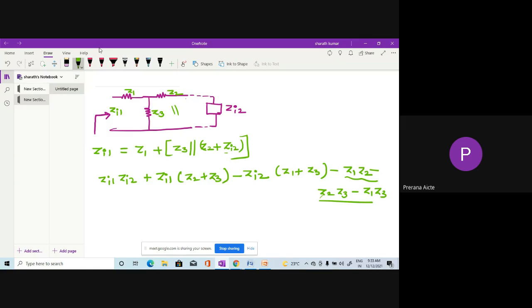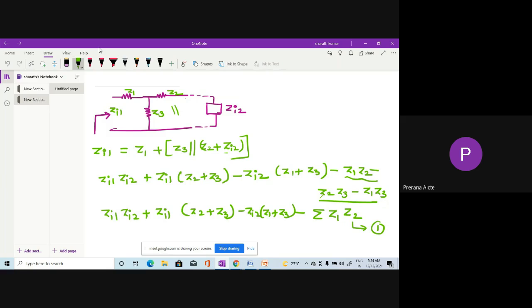All this together we can write as minus the summation of Z1 Z2. So this is equation number 1: Zi1 Zi2 plus Zi1 common, Z2 plus Z3, minus Zi2 (Z1 plus Z3), minus the summation Z1 Z2.